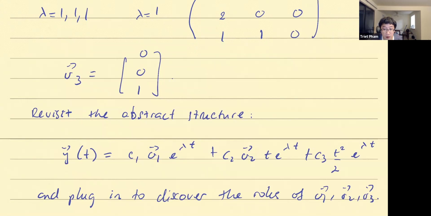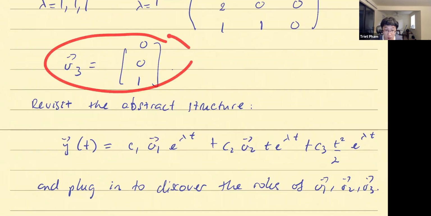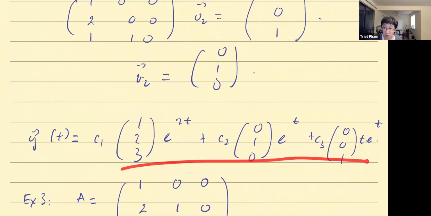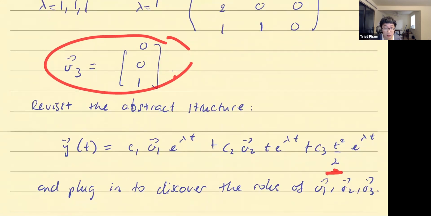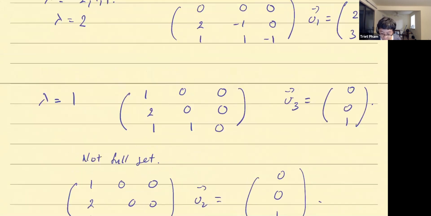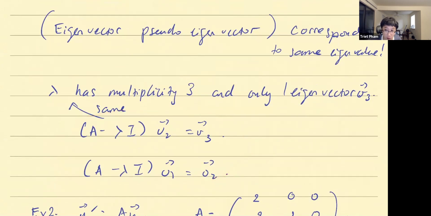You see why we go to this structure: we only have one eigenvector. If we have two eigenvectors, then the previous structure works, and you only need one t. But here we only have one eigenvector, so you need to go to this level. If my memory serves, the two pseudo eigenvectors will come out like this.